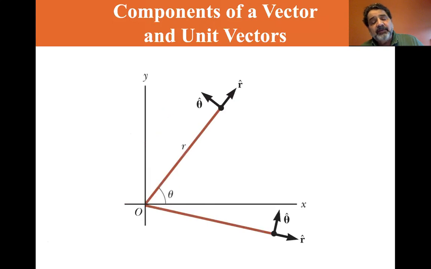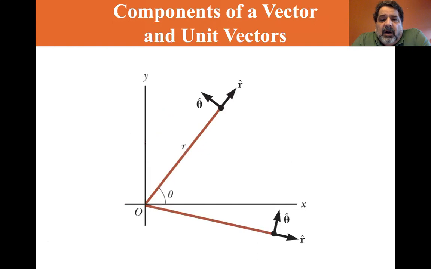Now, it doesn't have to be X and Y. It could be radius and theta. But again, they're unit vectors. That means their value is equal to 1. So R hat is a unit vector. On the coordinate system that you're using, there is a 1.